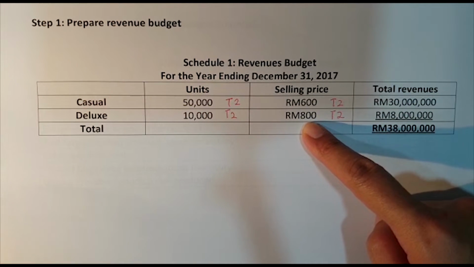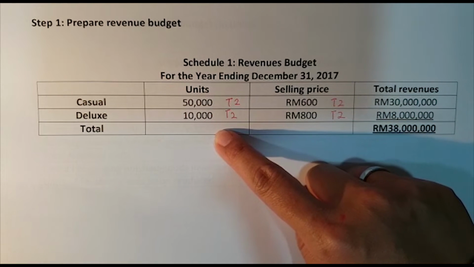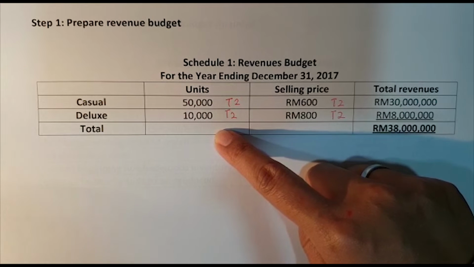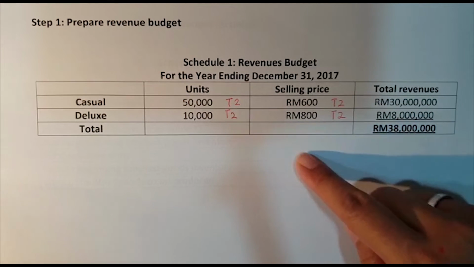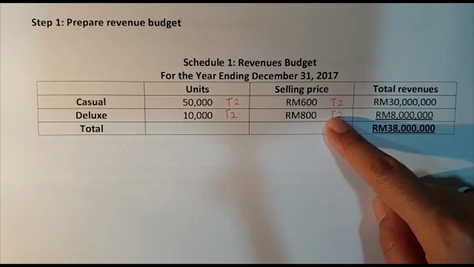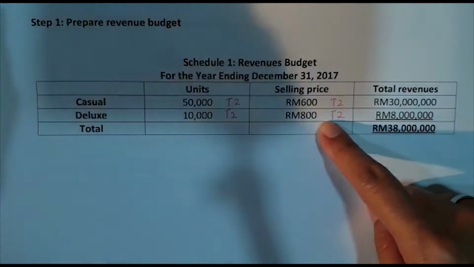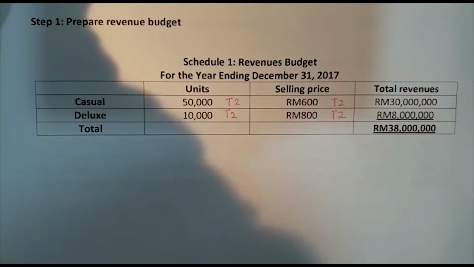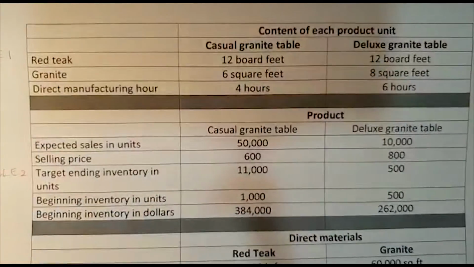As you can see here, the number of units is 50,000 and 10,000. We can get all of this information from table 2 that I already marked before, as well as the selling prices, respectively 600 and 800. Now we look at table 2 from the questions that we receive.